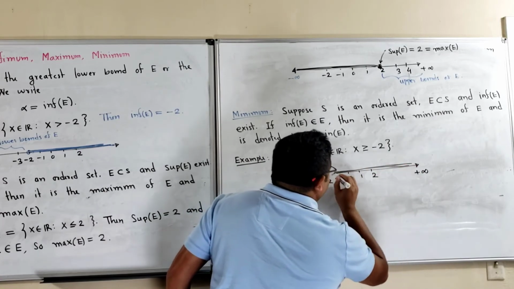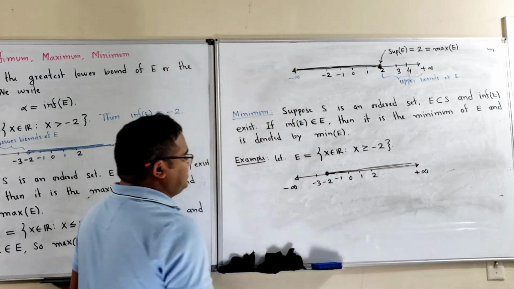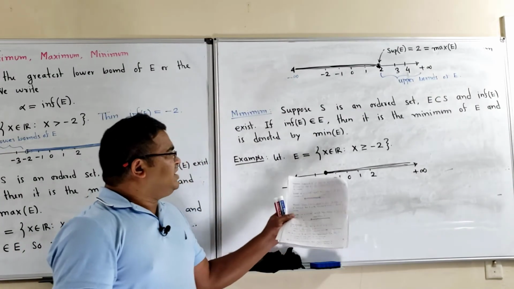Any number more than -2 is in this set. What is the infimum of this set?